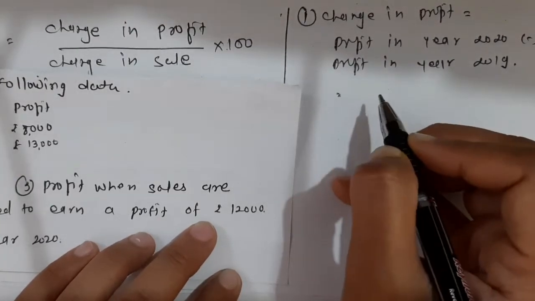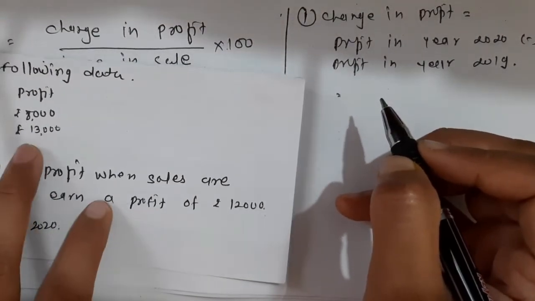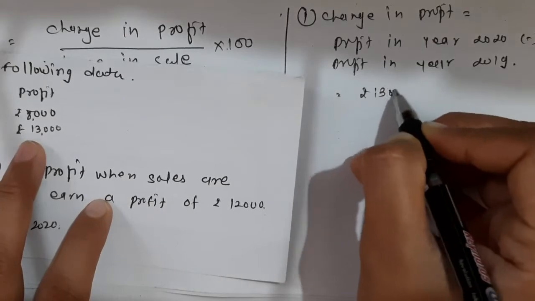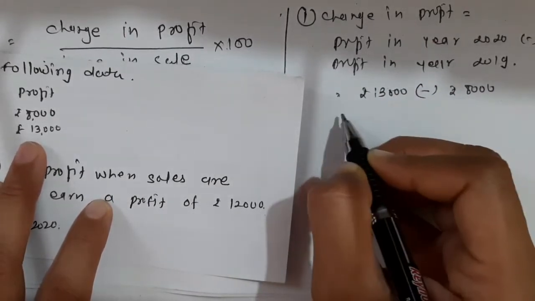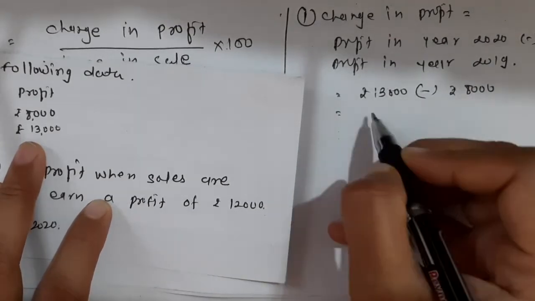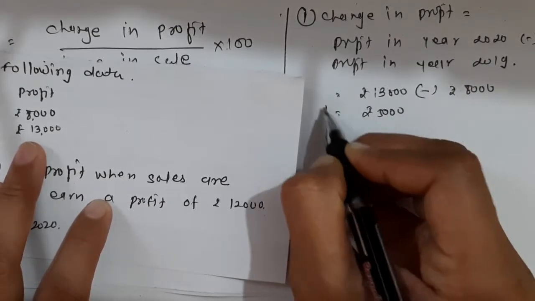Okay. What is the profit in year 2020? It is rupees 13,000 minus rupees 8,000. So 13,000 minus 8,000 we got 5,000.